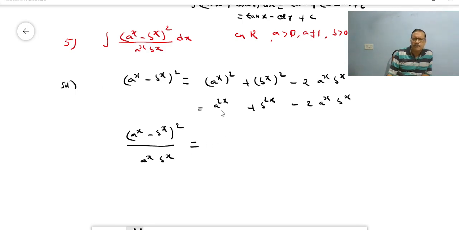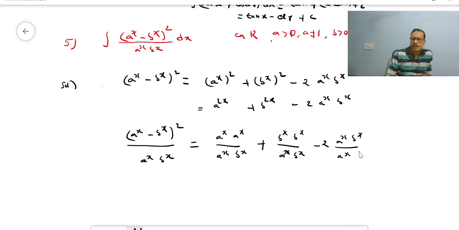This is equal to a to the power of 2x, which can be written as a power x into a power x by a power x into b power x, plus b power 2x, which can be written as b power x into b power x by a power x into b power x, minus 2 into a power x into b power x by a power x into b power x.